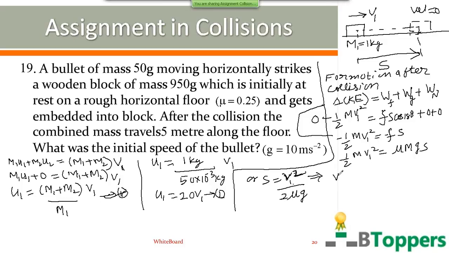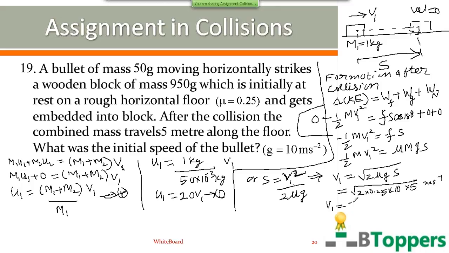Okay, now V1 you can write as root of 2 mu g S. You can write mu equal to 0.25 and g equal to 10 meter per second square and S is 5 meters. You can simplify this.